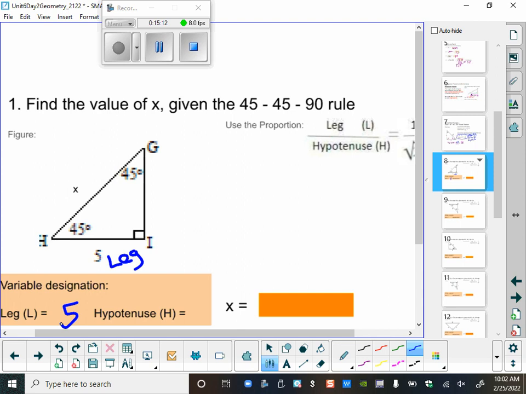Let's think about this. At a 45-degree angle, this angle is also 45, so this side is also going to be 5 again. Technically, when two angles are congruent, the base angles, the opposite sides are congruent.